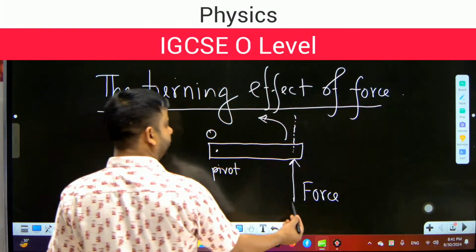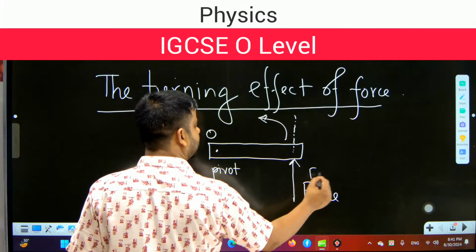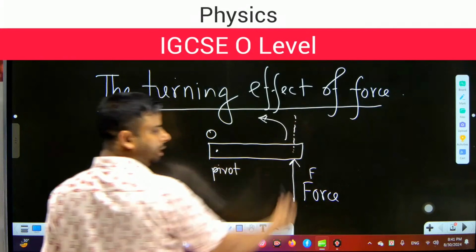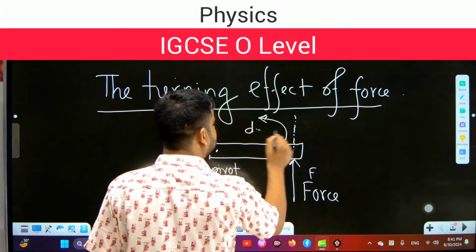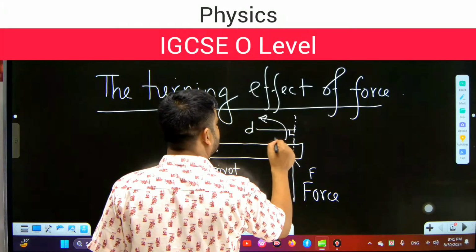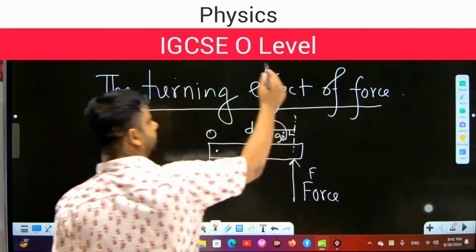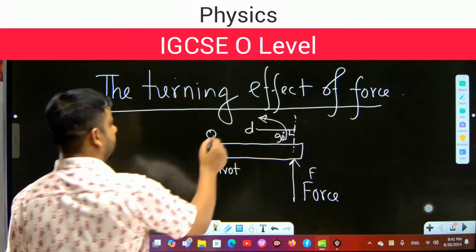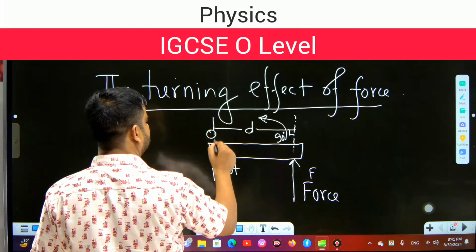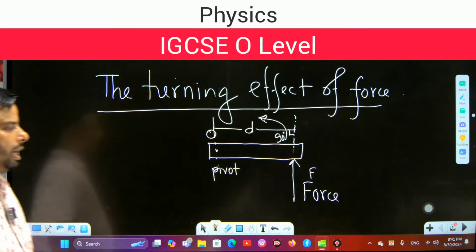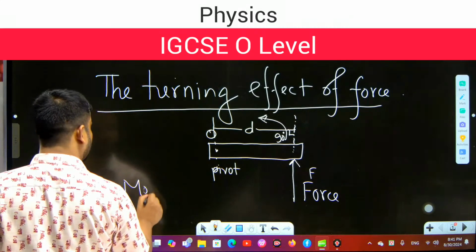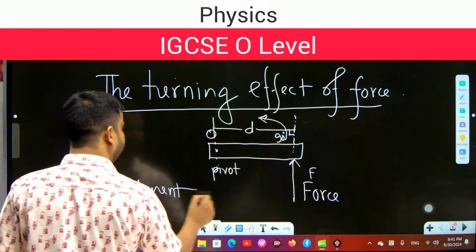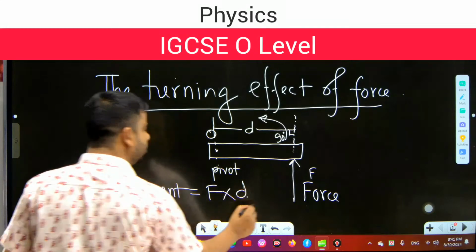If force is applied here, this one is the line of action of the force, then the perpendicular distance is the distance which makes 90 degrees with the direction of force to the pivot. So moment equals F into D.